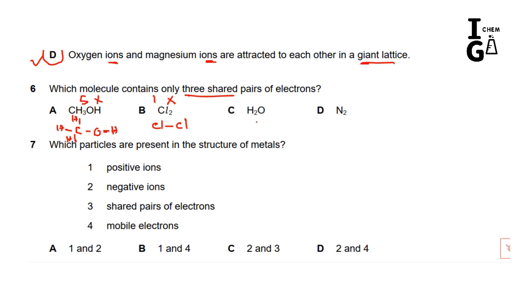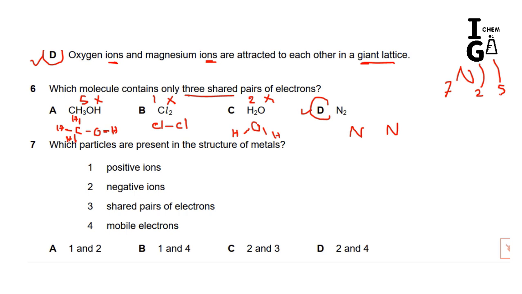For water, we have oxygen, and we have a bond with hydrogen, another bond with hydrogen. So here we have also 2 shared pairs. So this is also not correct. The last one should be the correct answer. N2, N2 means we have 2 N atoms, N and N. And because N as an atom has 7 electrons, if you distribute 7, it should be 2, 5.